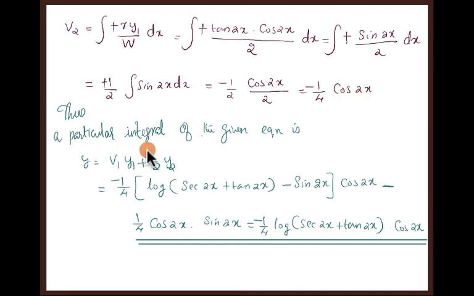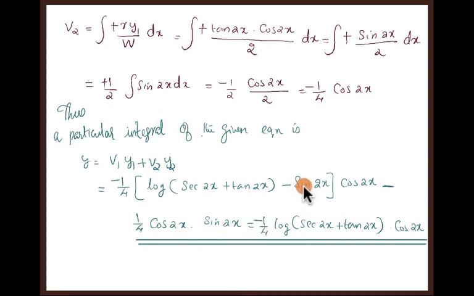Hence the particular integral of the given equation, that is the particular solution, is given by v1 y1 plus v2 y2, which is equal to minus 1 by 4 into log of sec 2x plus tan 2x minus sin 2x into cos 2x minus 1 by 4 into cos 2x into sin 2x.